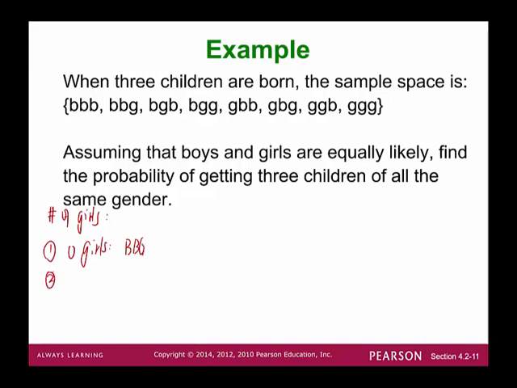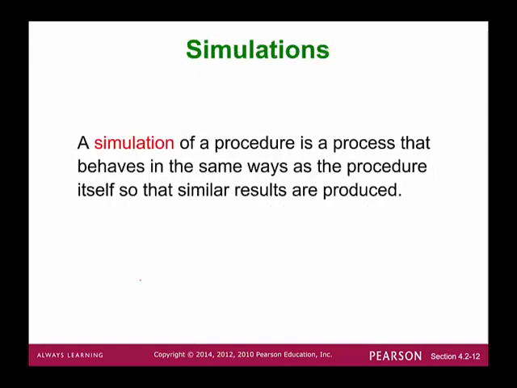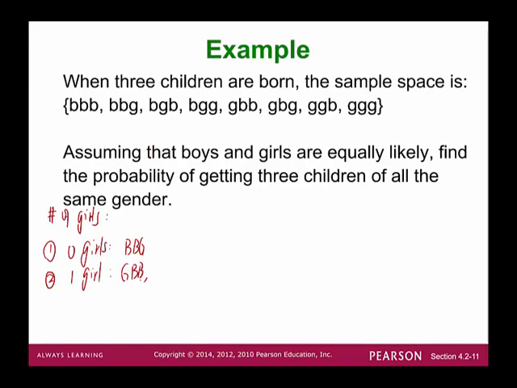The second outcome is getting 1 girl. Girl could be in the first spot, so girl, boy, boy. A girl could be in the second spot, so boy, girl, boy. You just have to locate a position for the girl, then you'll be able to get all these possible outcomes. Third, a girl on the third spot, so boy, boy, girl.